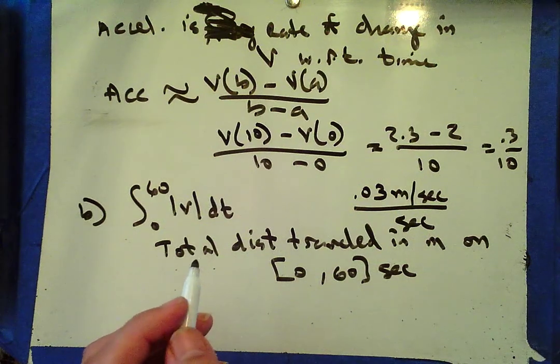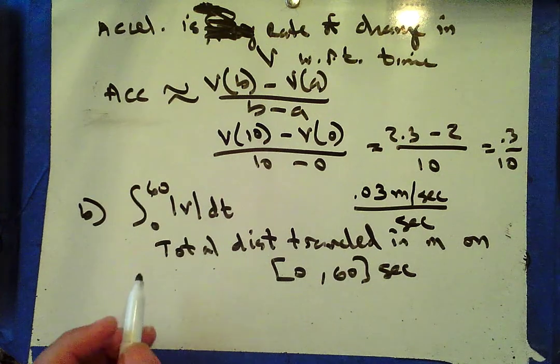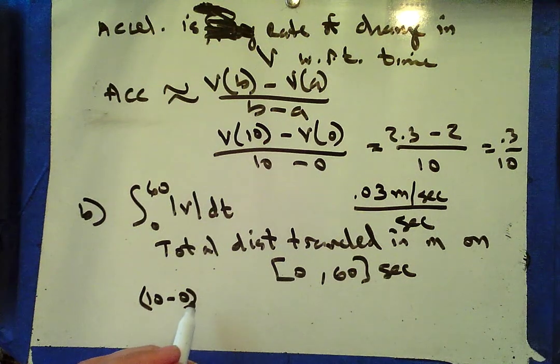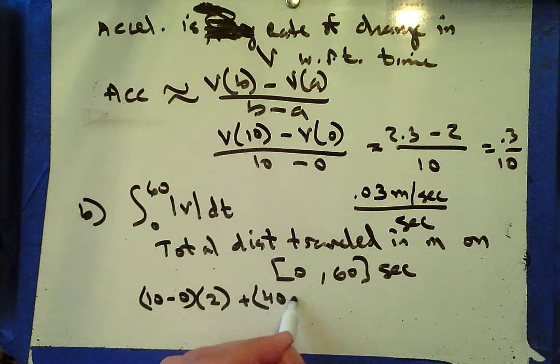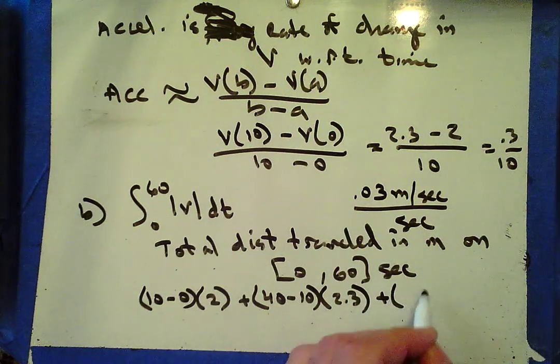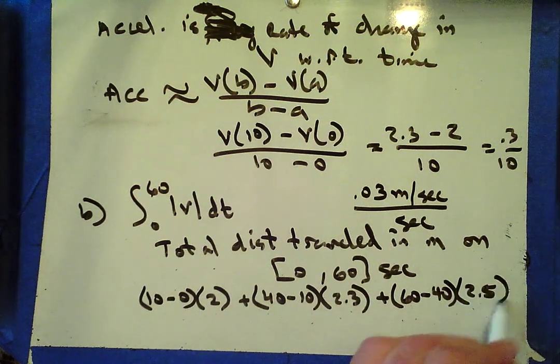If I'm looking for the total distance traveled, I'm integrating velocity. So subinterval width 10 minus 0 times the left side 2, plus 40 minus 10 times the left side 2.3, plus 60 minus 40 times the left side 2.5.